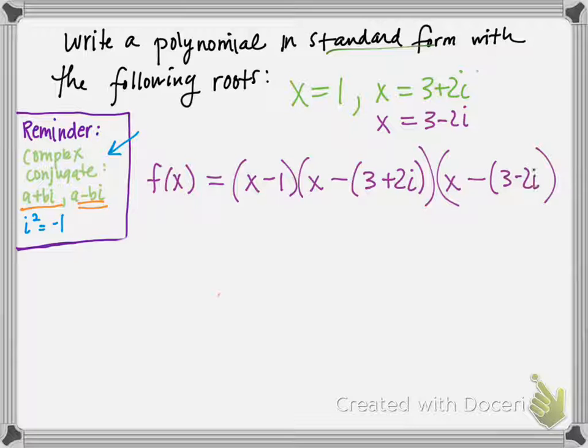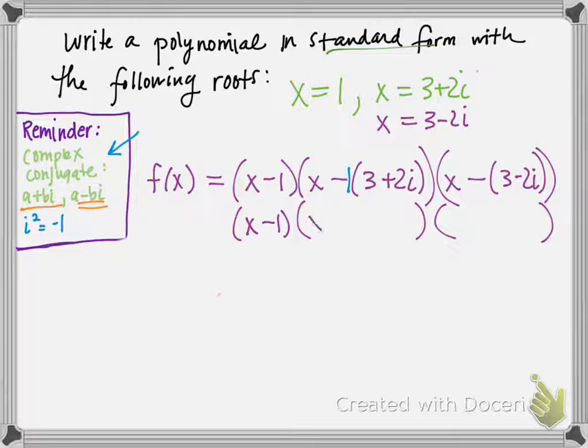So my final factor is x minus 3 minus 2i, but again, it has two terms, so I have to put it in parentheses. Now I'm going to focus first on my last two factors, and I notice that there is a -1 that I can distribute to both terms in the parentheses. So still my first factor is x minus 1, and let's rewrite my second and third factors.